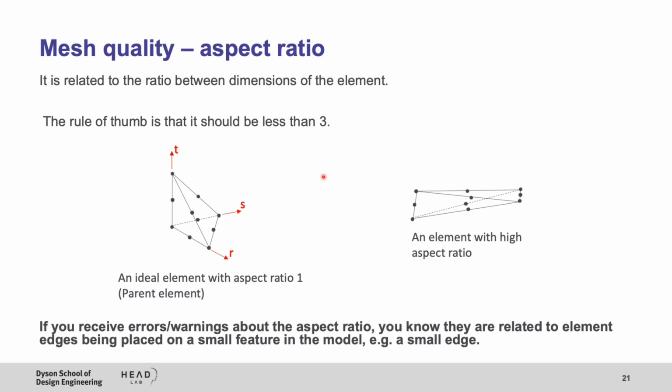So now you know that if you receive errors or warnings about the aspect ratio, these are related to element edges being placed on a small feature in the model, for instance a small edge. In some packages you are able to even remove those edges or link edges so that you are not forcing the software to put a small element on that edge.